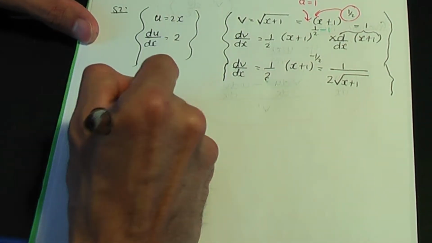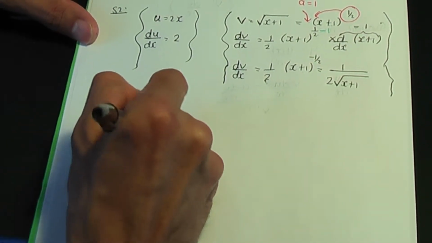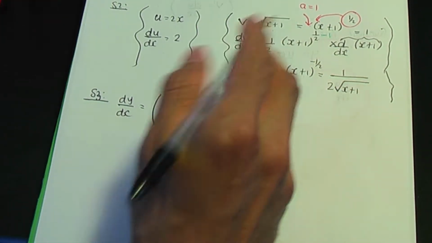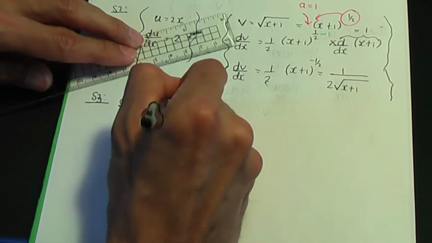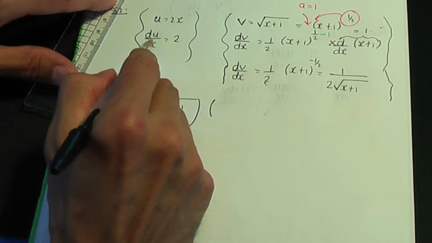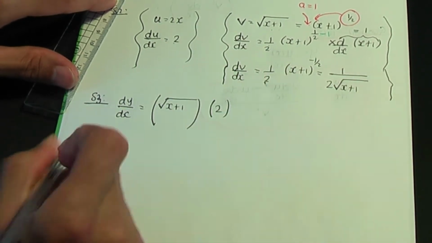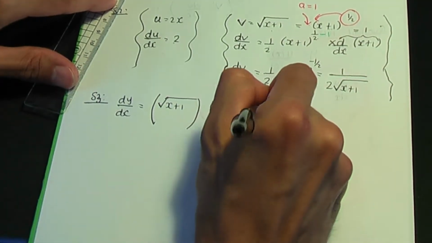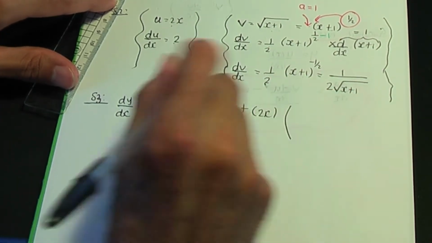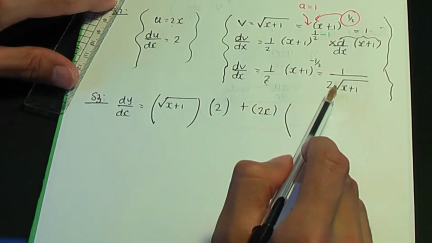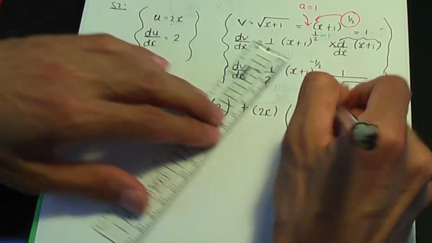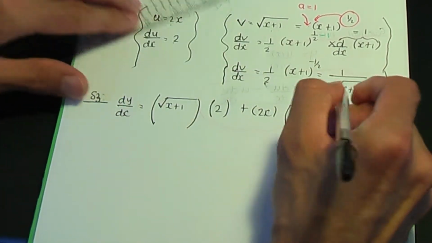So dy over dx is equal to v, which is the root of x plus 1, times du over dx, with du over dx being 2, plus u, which is 2x, multiplied by dv over dx, which is 1 over 2 into the root of x plus 1.